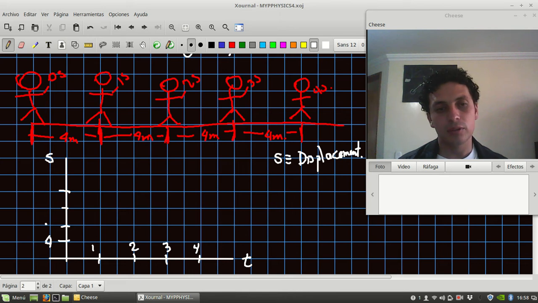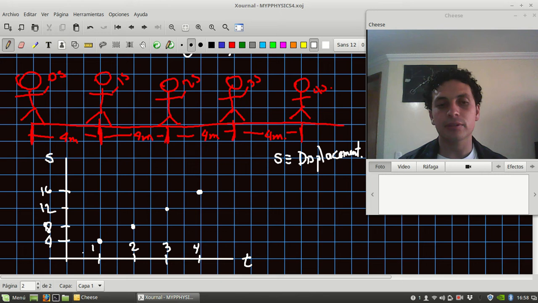So essentially what is happening is that every second we're moving 4 meters. Okay, so what do you think is the type of the motion described here?